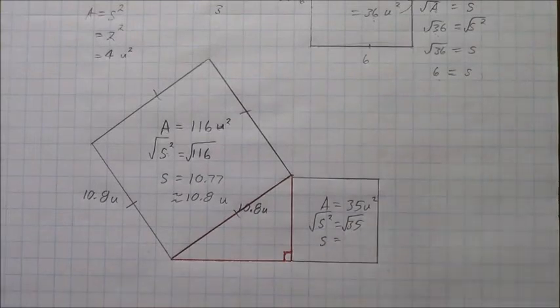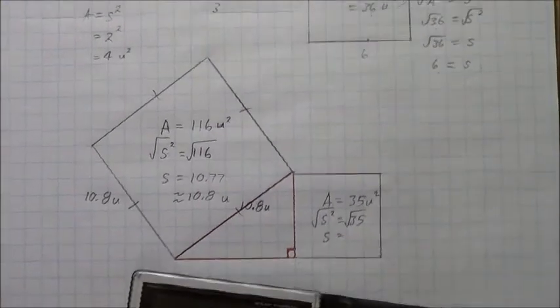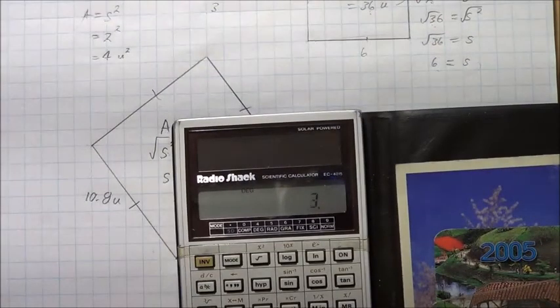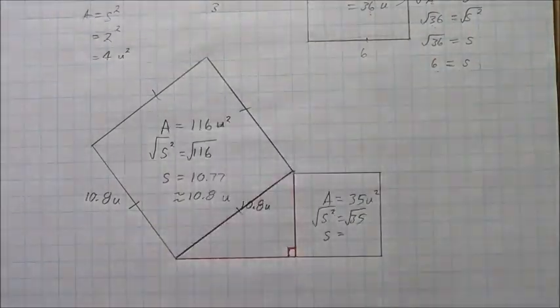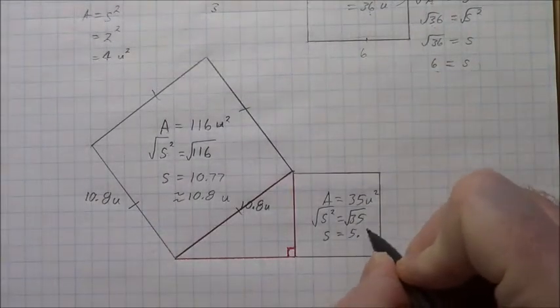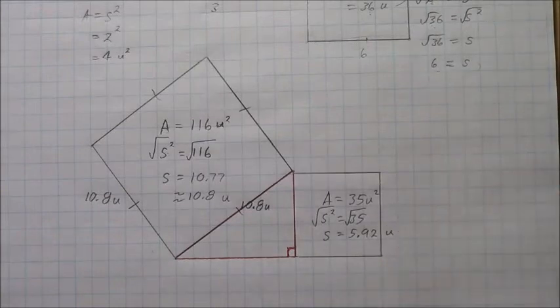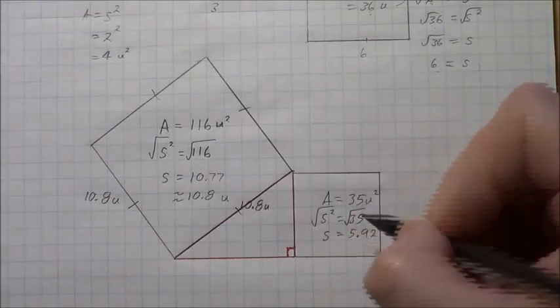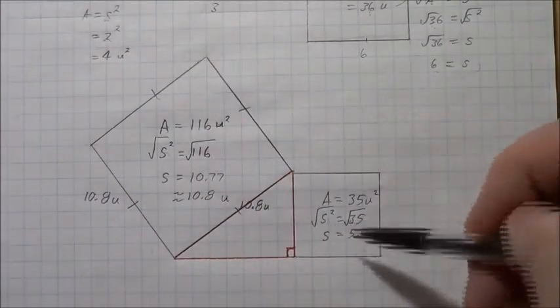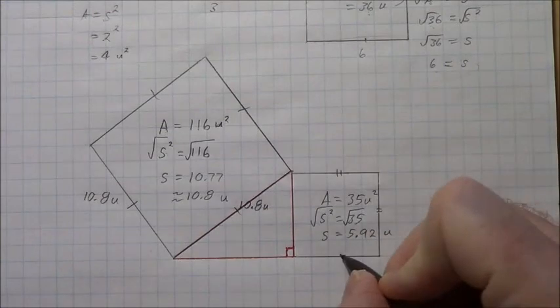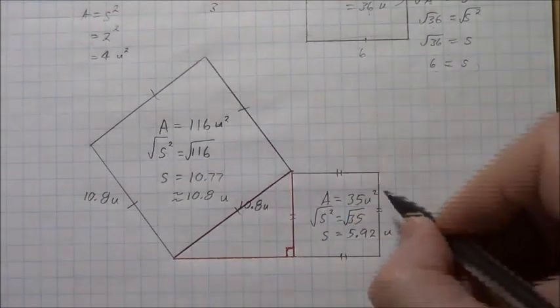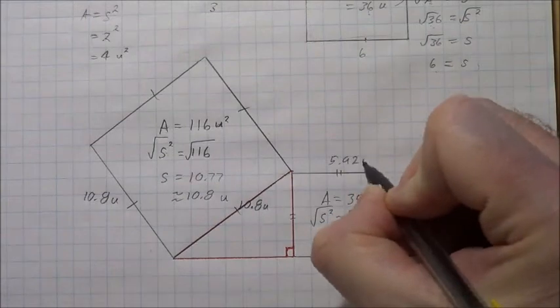So the side length of the square with area 35 square units, and again I'll pull this bad boy up here, 35, the square root is 5.916. So I'll just round it to 5.92 to three significant figures. So I'm just going to say that this is 5.92. I know this is 10.8. I could maybe just say 5.9, but let's say that this square has a side length of 5.92 units.